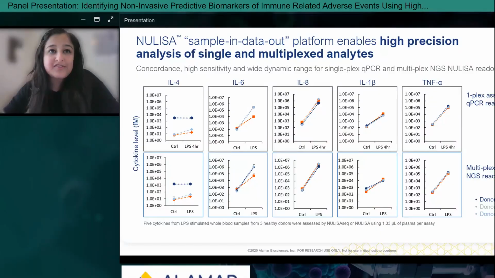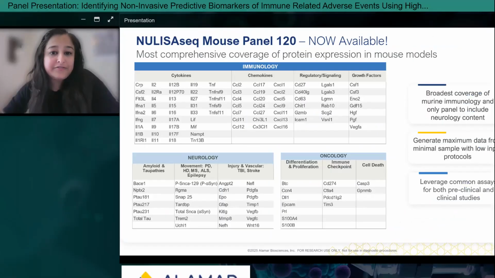And so this really helps us to transition from broader discovery-based biomarker identification studies to targeted validation studies where we can hone down on specific targets and analyze these in a more high throughput fashion. So building on our expertise of developing these multiplex panels, we just recently launched the NULISAseq mouse panel.